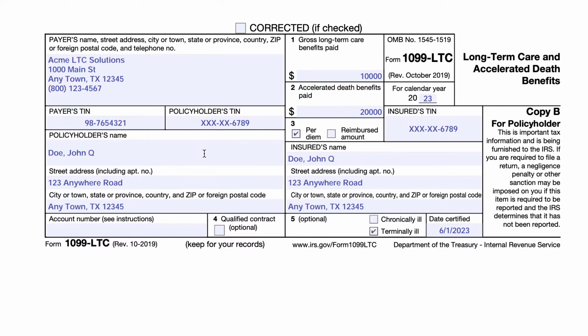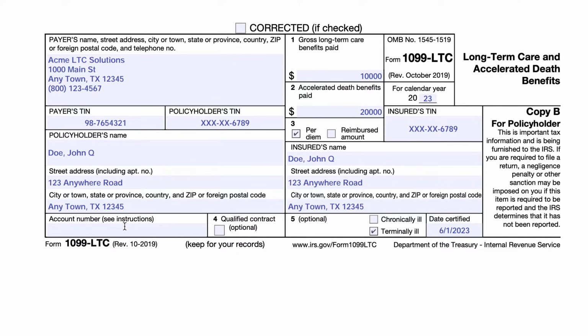Under that, you'll see the policyholder's name. In this case, this is for our hero, John Doe. If there's an account number established internally by the company, then that might be listed here as a reference.